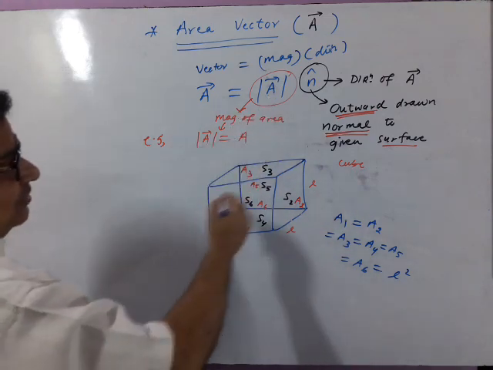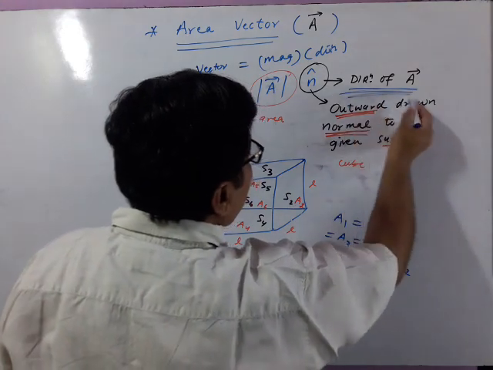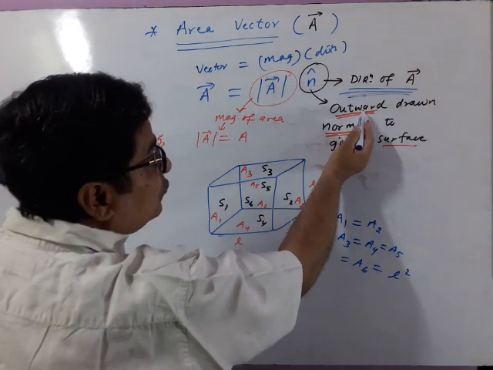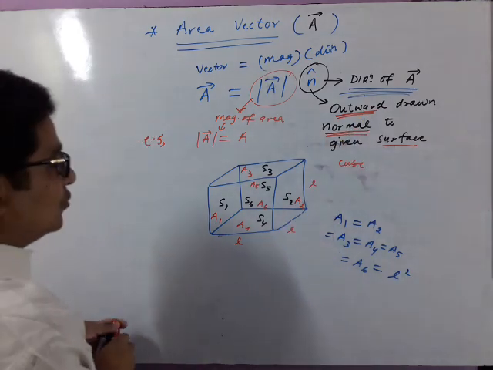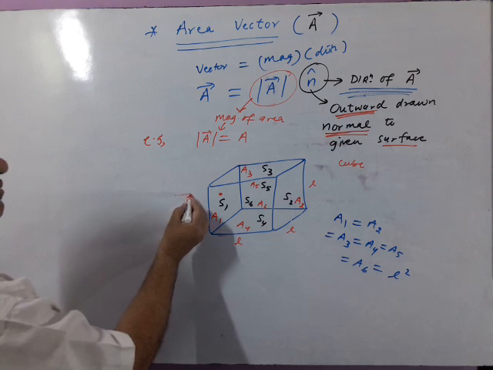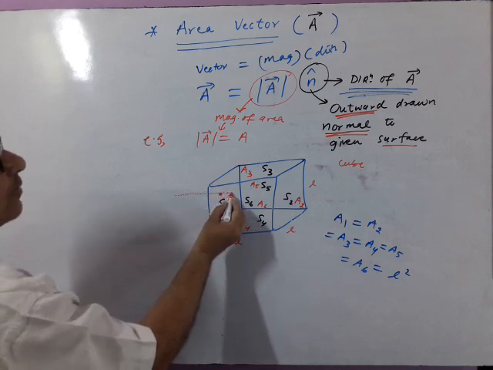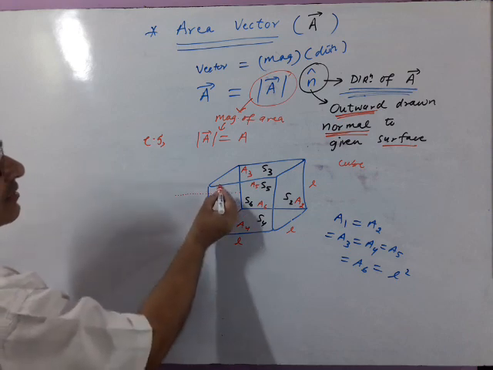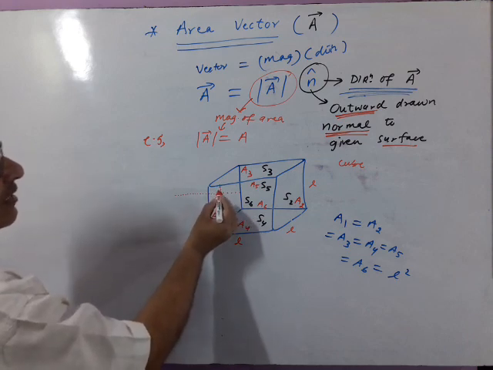Now what about direction? Direction of area vector is written with n cap and it is the outward drawn normal. So draw one line which is perpendicular to S1 or A1. See, this line is perpendicular to S1.